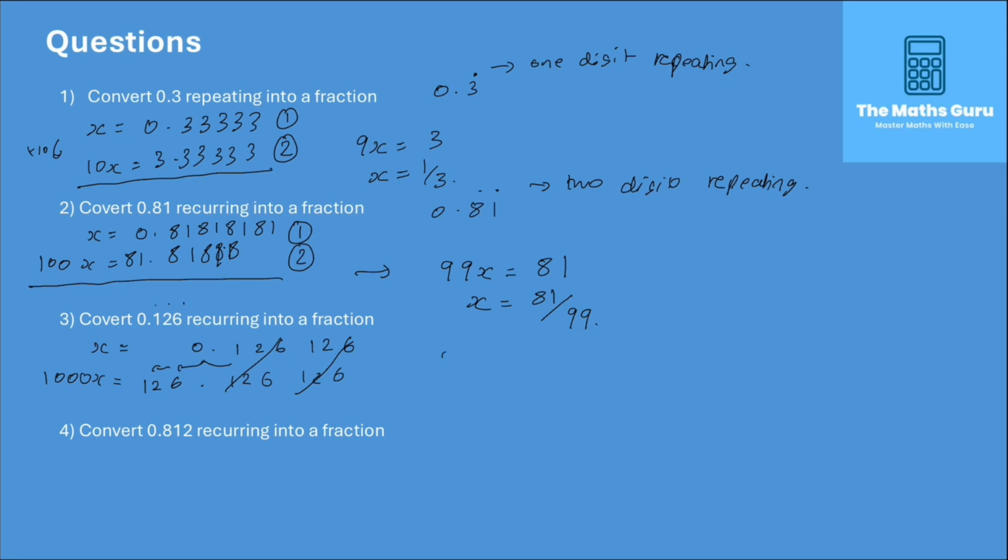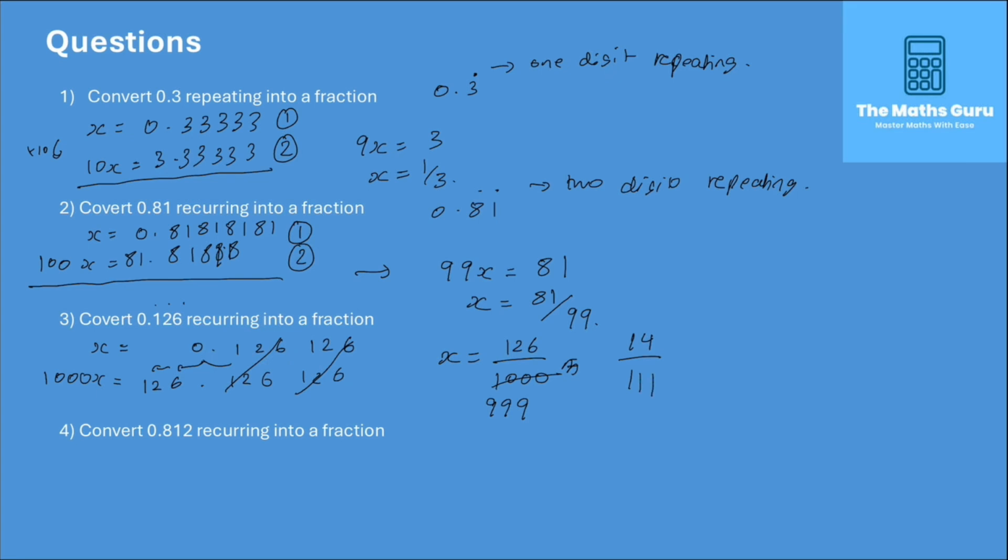Those are going to cancel, and we're going to get x is equal to 126 over, sorry, not 1000, 999. So 126 over 999 simplifies to 14 over 111.